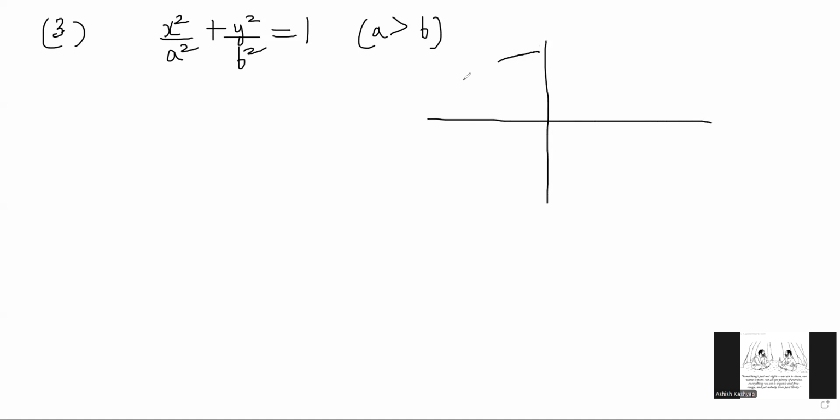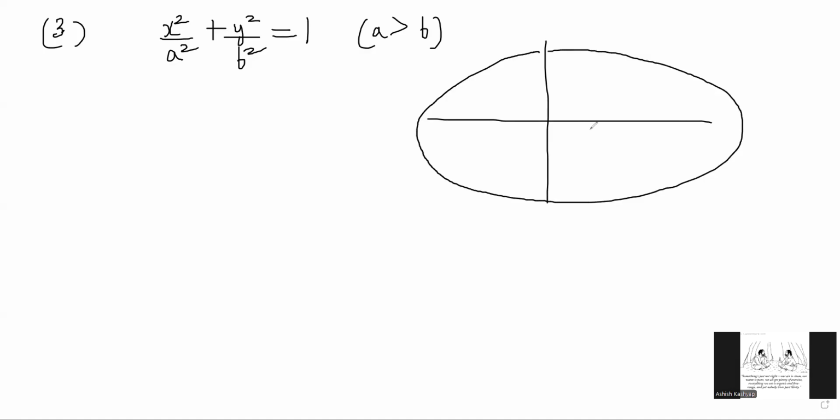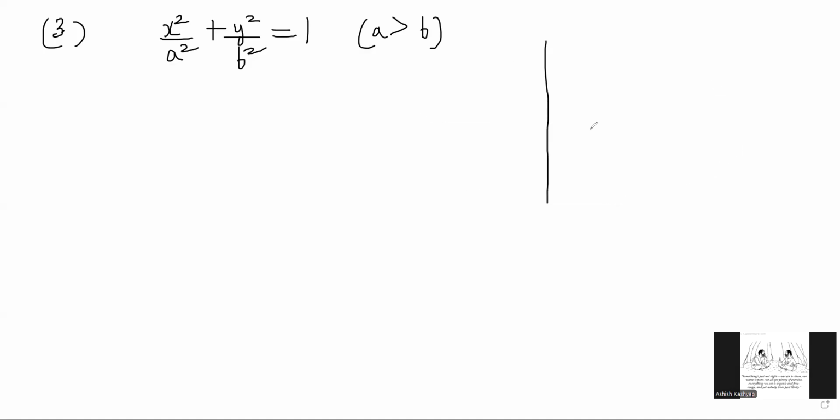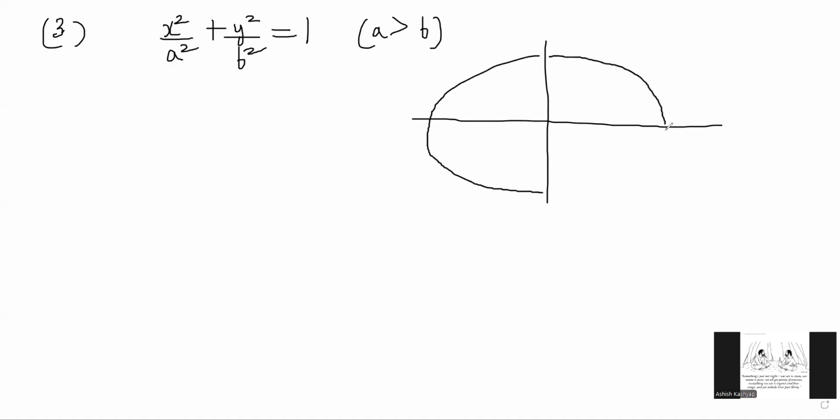So if you think about this situation where a is greater than b, let's find out where it meets the x-axis and the y-axis. So if you draw the curve, you will get a curve somewhat like this. This graph is not accurate, so I'll try to draw a better graph. Right. You will get a curve something like this. This is y-axis, this is x-axis, this is my origin.